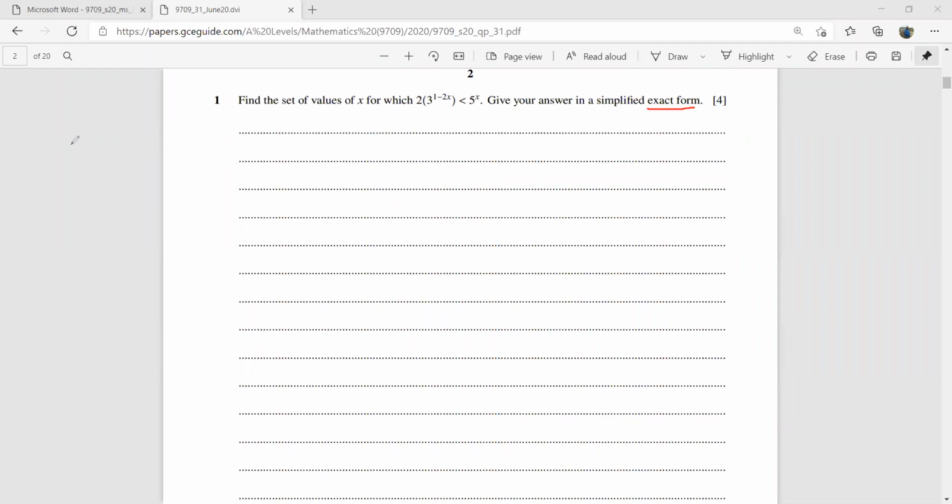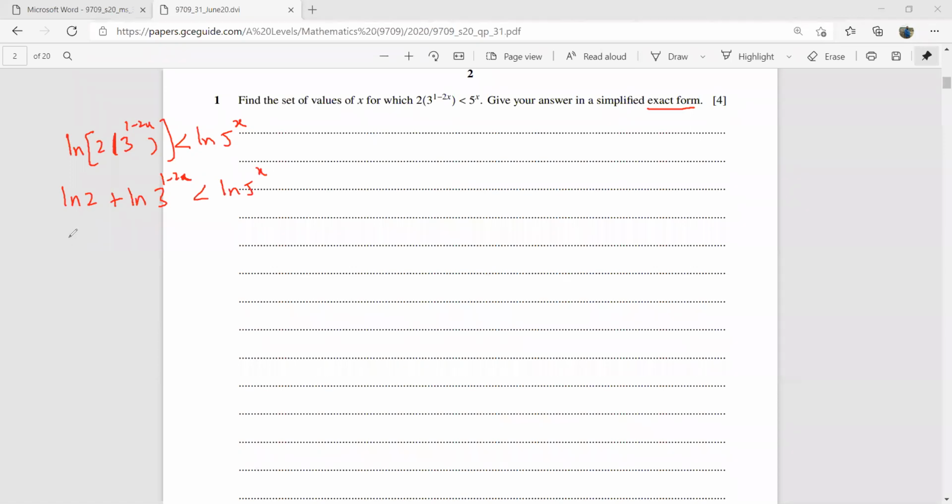If you straight away take logarithm on both sides, this is ln of 2 into 3 raised to power 1 minus 2x, less than ln 5 raised to power x. I'm just trying to write this on the extreme left here. Now this becomes ln 2 plus ln 3 raised to power 1 minus 2x, less than ln 5 raised to power x.